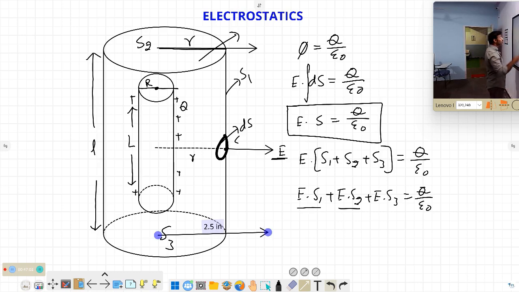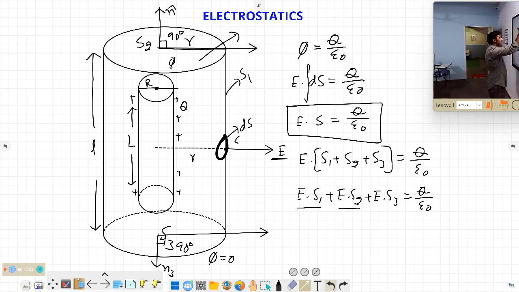So if you observe S2 and S3, this is the normal vector, that is the area vector of S2. This is the area vector of S3, and both are perpendicular to the surface, making an angle of 90 degrees with the electric field. In both cases, what happens? The flux enclosed in this area is how much you are getting? 0.